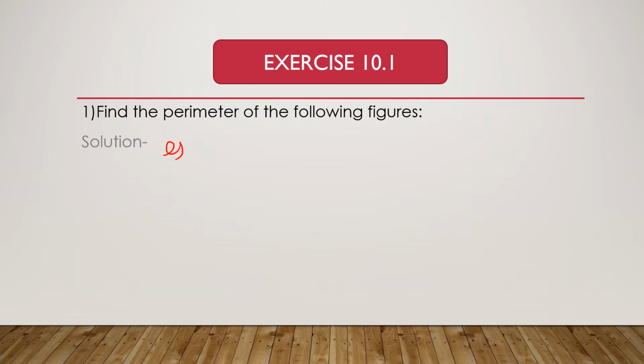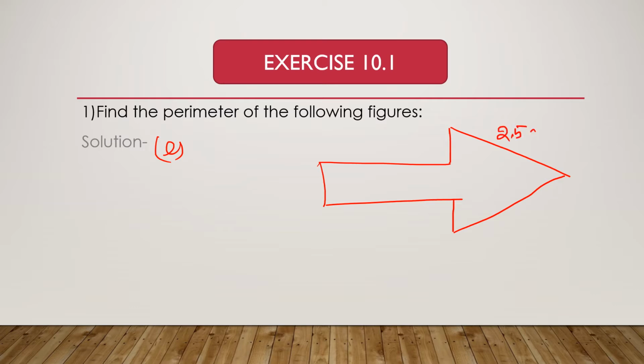So to find the perimeter of this fifth figure, this is the figure, an arrow symbol. This is 2.5 centimeter. This is 2.5 centimeter.